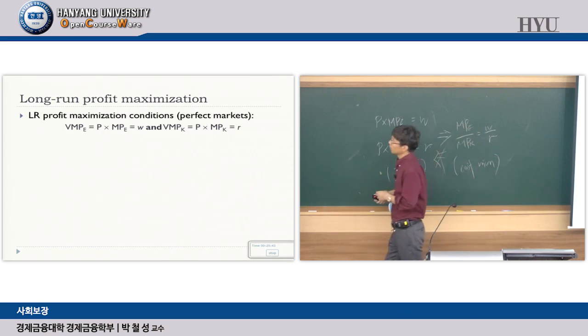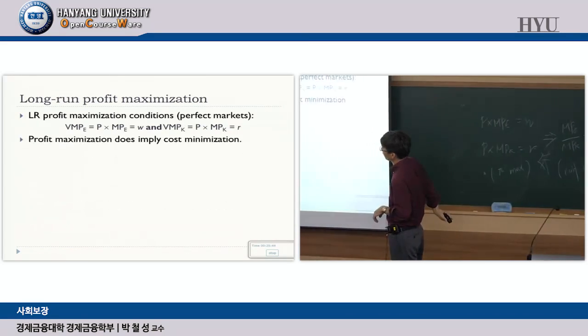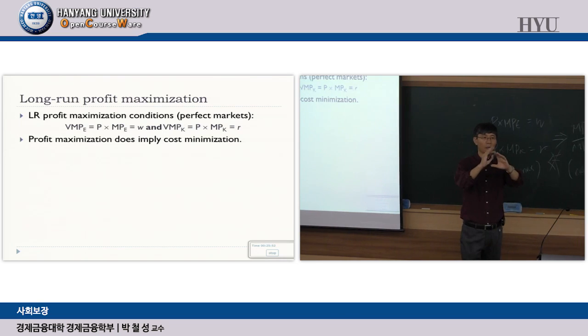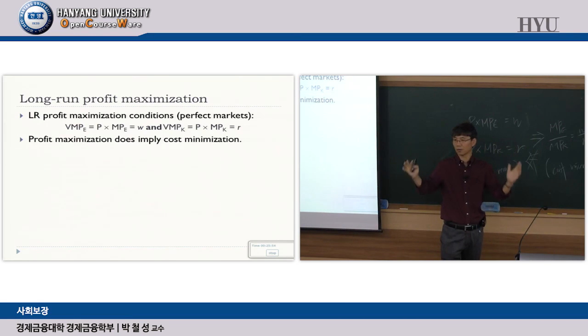Okay. So that's what we write down here. Profit maximization does imply cost minimization. So cost minimization is only one part of the profit maximization.